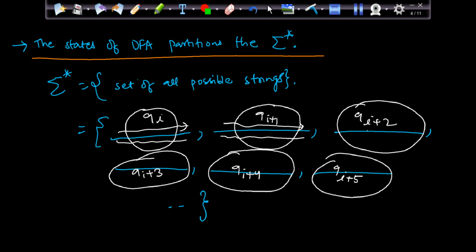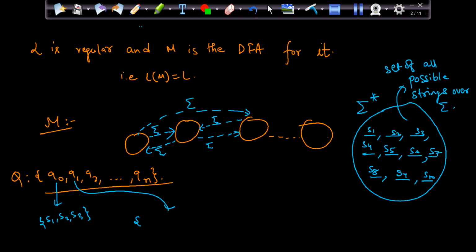The states of a DFA partition the sigma star. By partition, I mean each state represents a set of strings that will end up at that state.